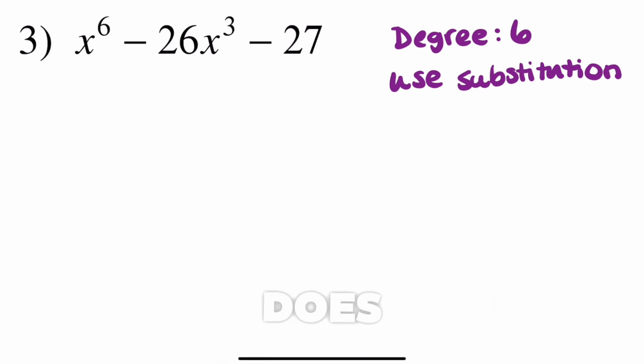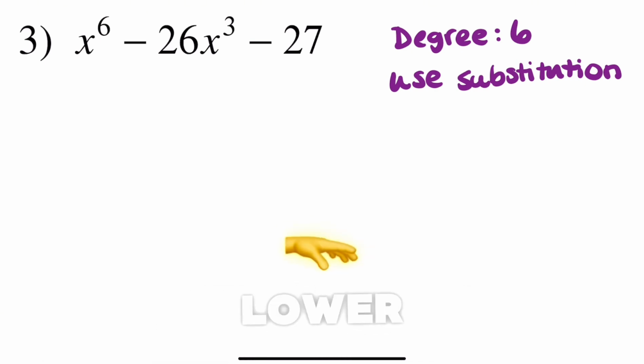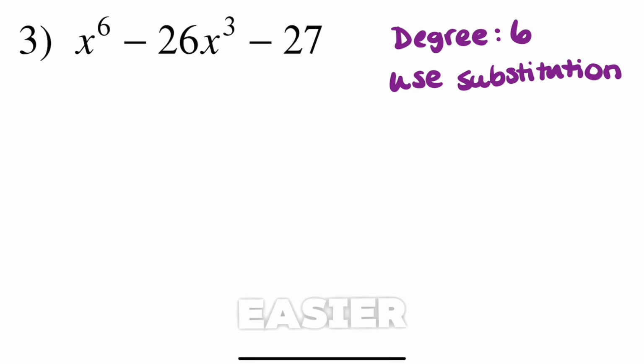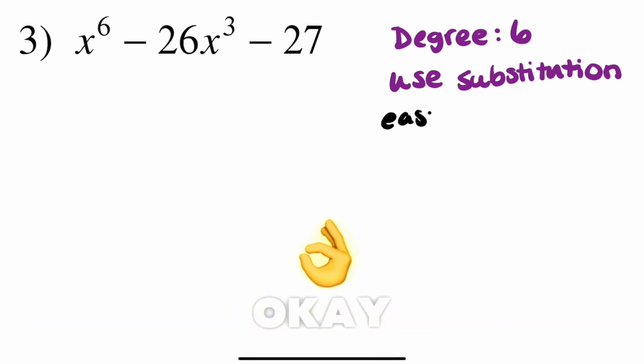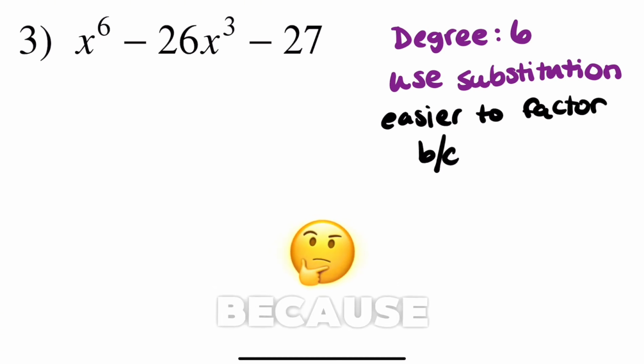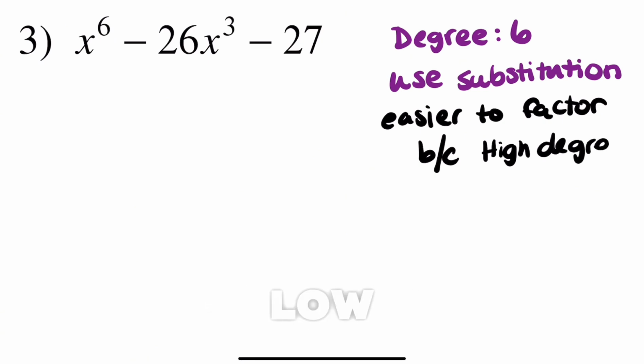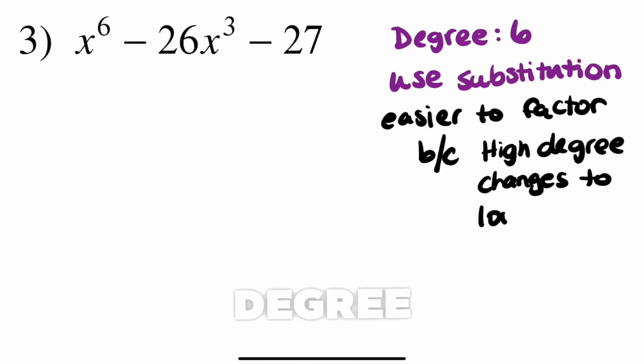What substitution does is it takes a higher degree polynomial and makes it a lower degree polynomial so that it's easier for us to factor. So the purpose is that it's easier to factor because high degree changes to low degree.